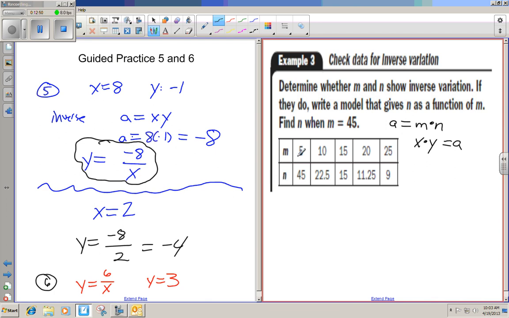So what you're going to do is you're going to check, does 5 times 45 and 10 times 22.5 and 15 times 15 and 20 times 11, do all of these equal the same number? If they do, then it is an inverse variation. So pause the video, use your calculator or by hand, multiply all of those out.